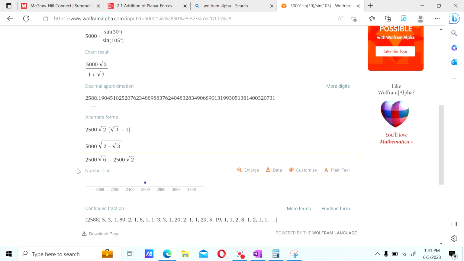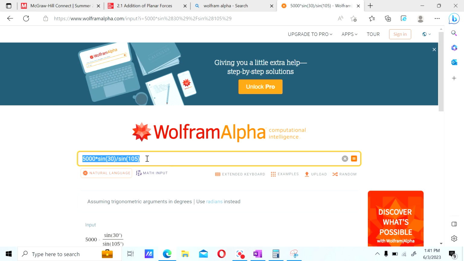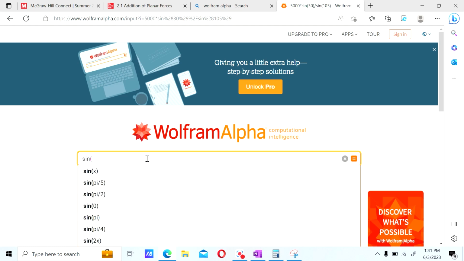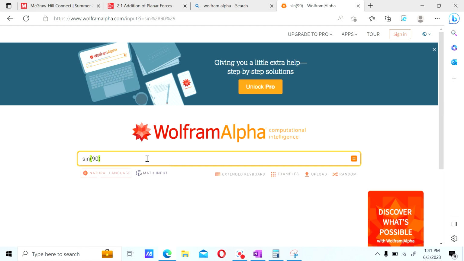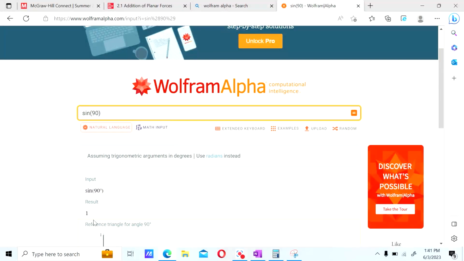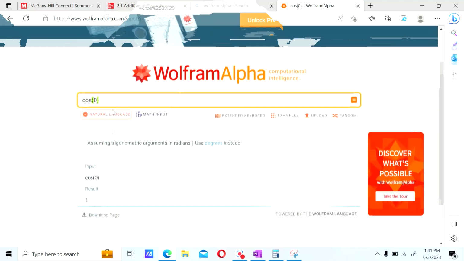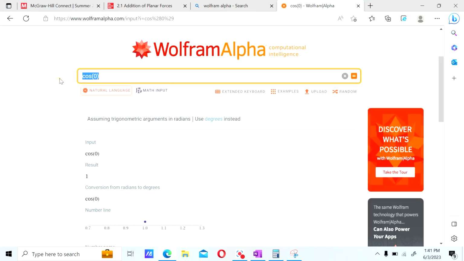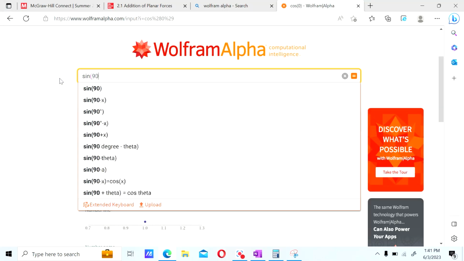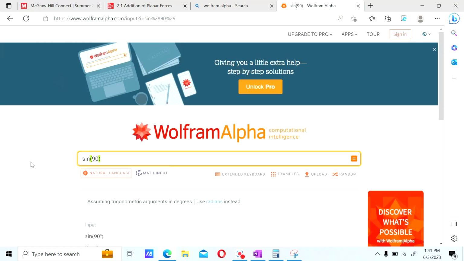Sine of 90, which is the same as cosine of 0, you get a 1. Okay, so sine of 90 means that that component carries the whole force. The maximum force goes through that component.